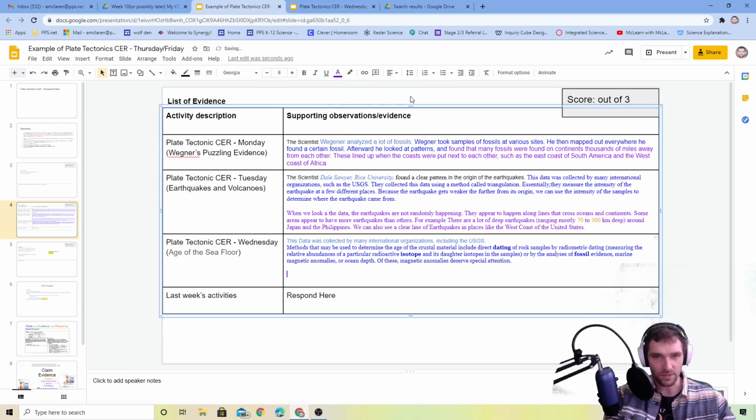This is going to be our observations. If we look at the, what's it called, the Mid-Atlantic Ridge, in between the Americas and Europe and Africa.